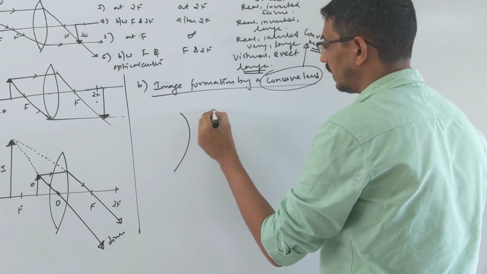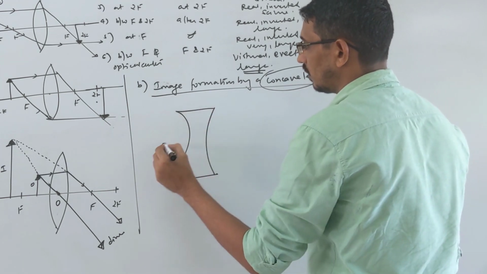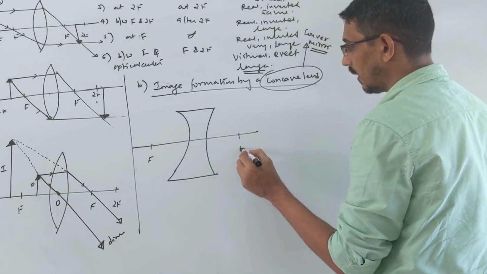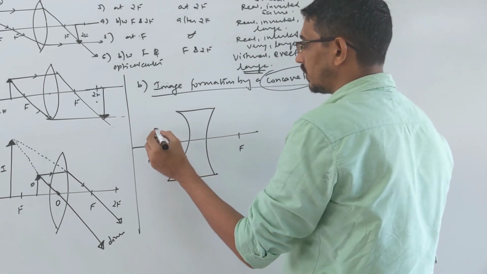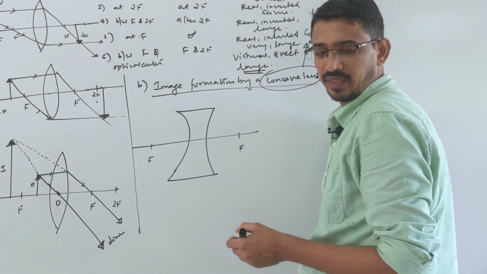So this is your lens. This is f, this is f. Suppose you put your object anywhere before the focus, or after the focus also, it doesn't make any problem.